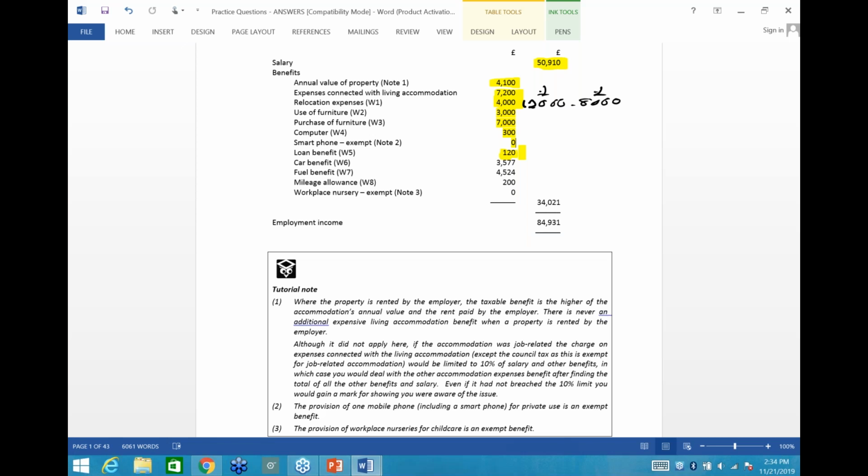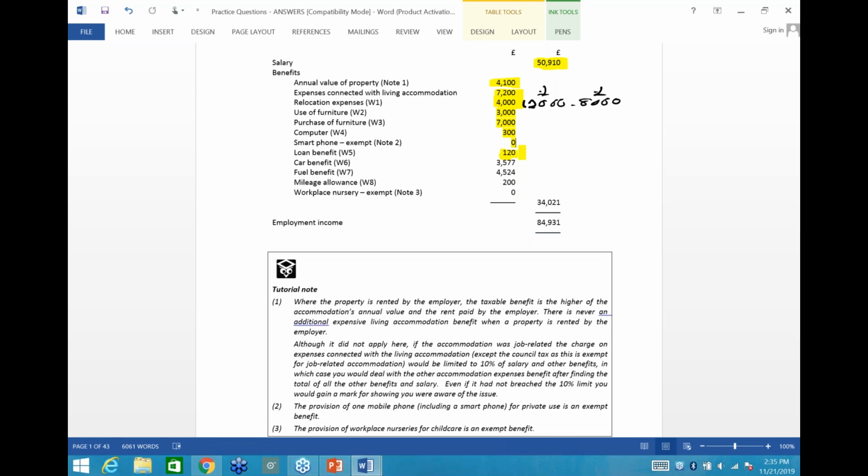Car benefit is calculated by applying the appropriate percentage to the list price. The list price is given in the question, which is 18,500. We only have to calculate the appropriate percentage.